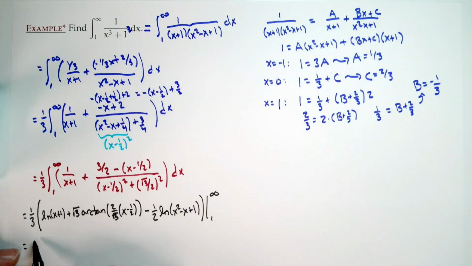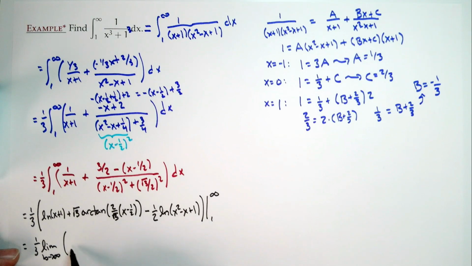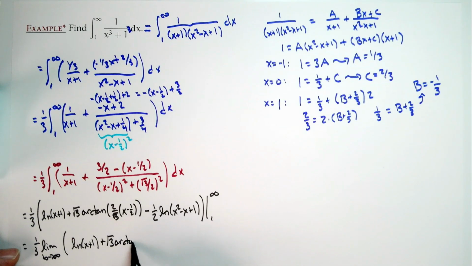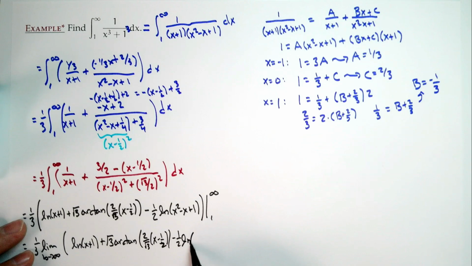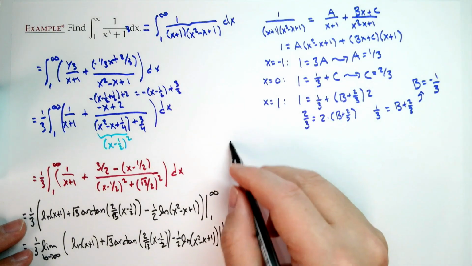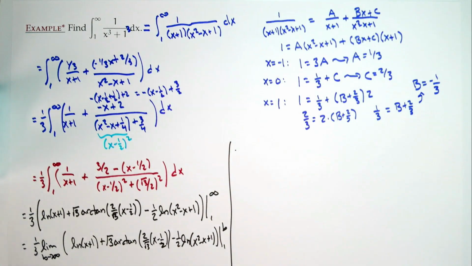So we're going to take this to be 1/3 limit as b goes to infinity of this expression again. And this might be why the problem takes so long, as you keep having to write down stuff like this over and over again. All right, this expression, as we evaluate that from 1 to b. All right, so let's do our evaluation.